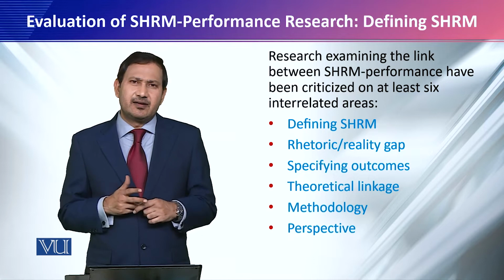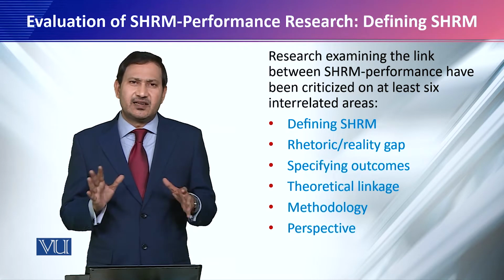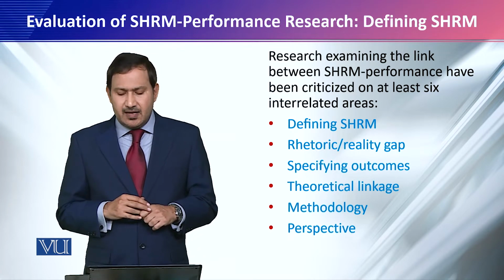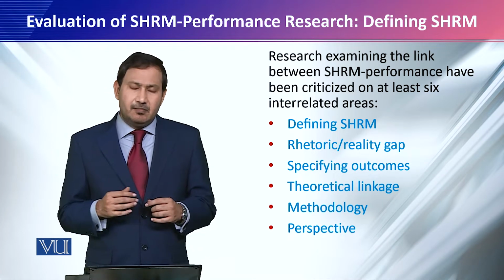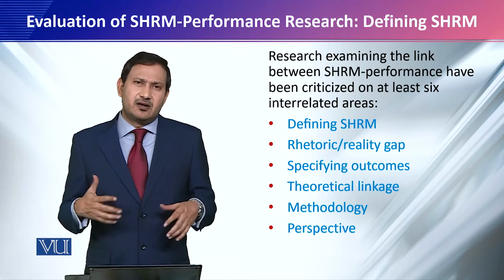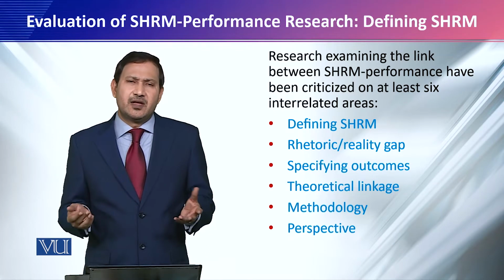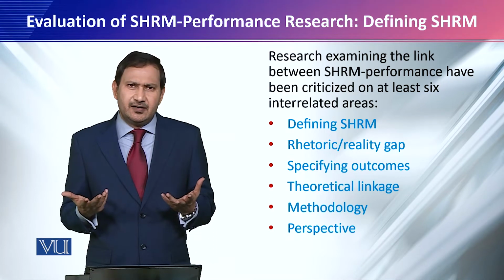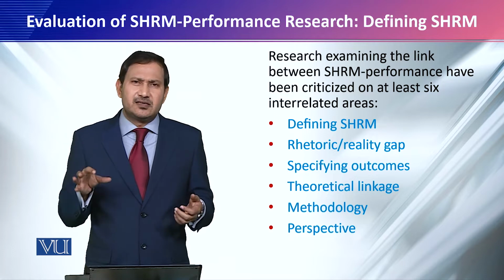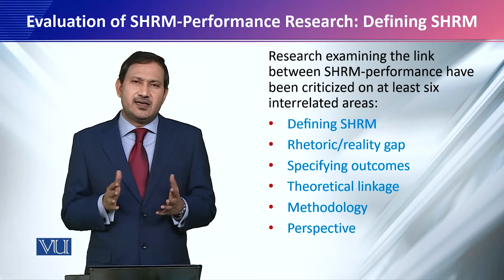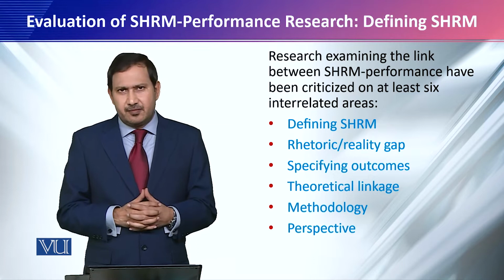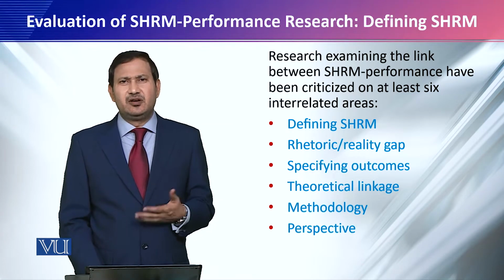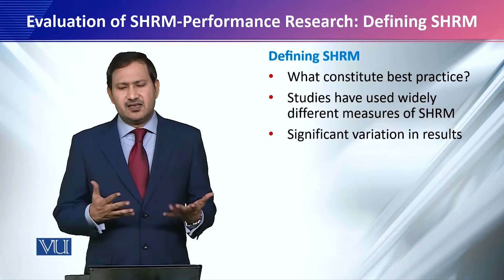Second is rhetoric versus reality, the gap between rhetoric and reality, then specifying outcomes, theoretical linkages, methodology, and different perspectives. So these are the 6 areas where researchers have evaluated past research on the impact of SHRM on organizational performance. In this module, we will talk only about the issues related to defining SHRM.